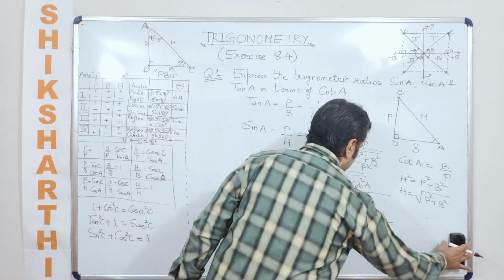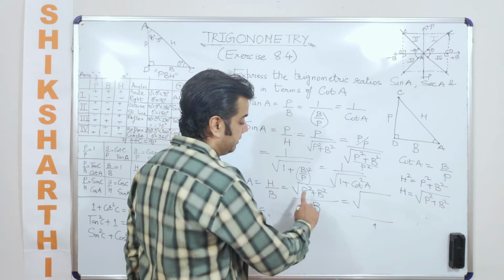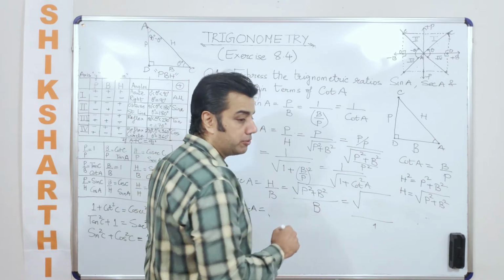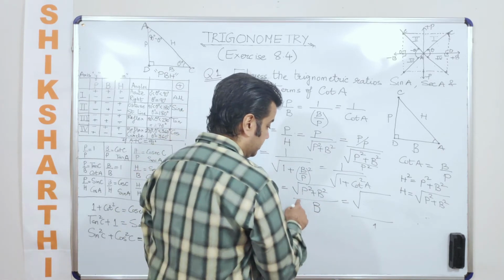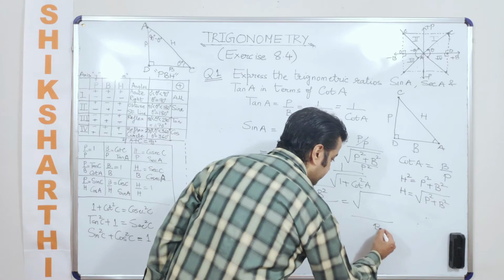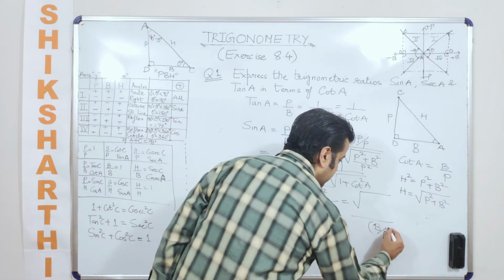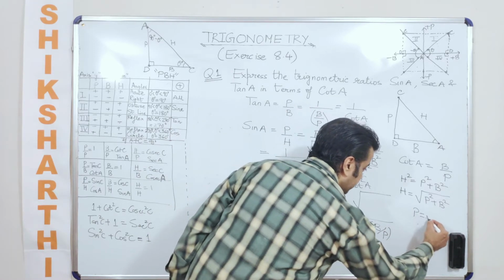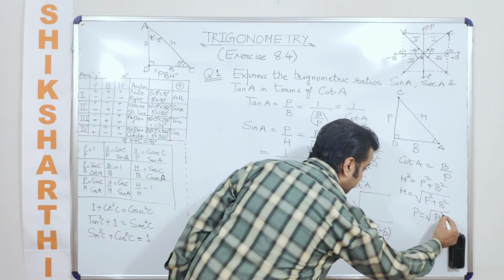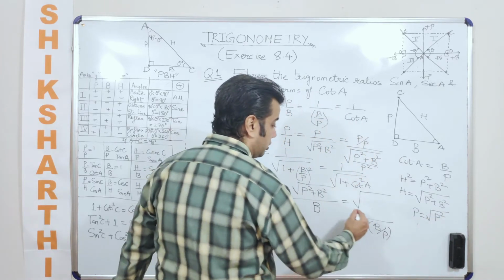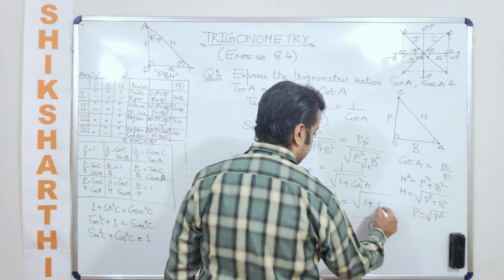So now what will you do here? In this case, you will divide both the numerator and the denominator by a p. So when you do this, you get b by p, and you know that p, when put under the square root, becomes a p square. So now this expression can be written like this.